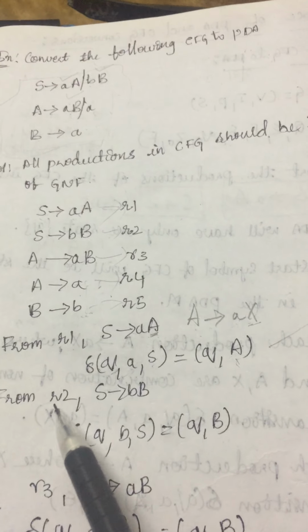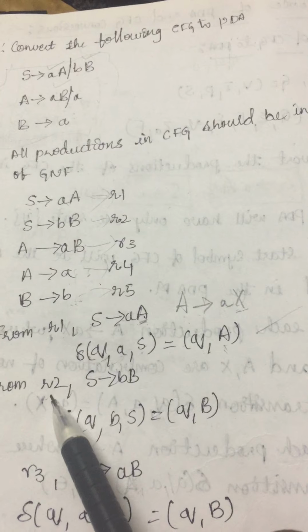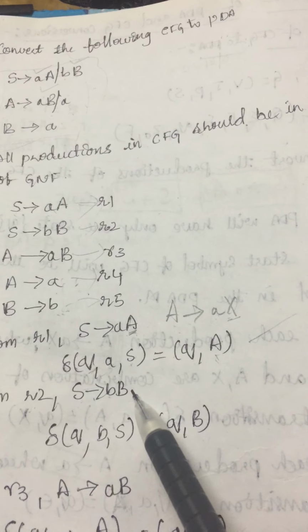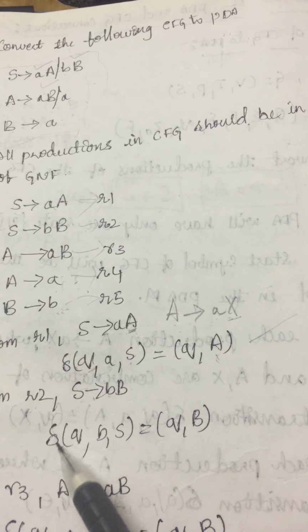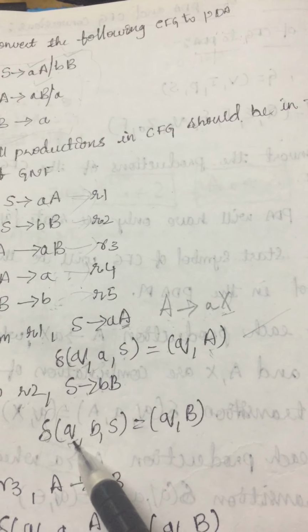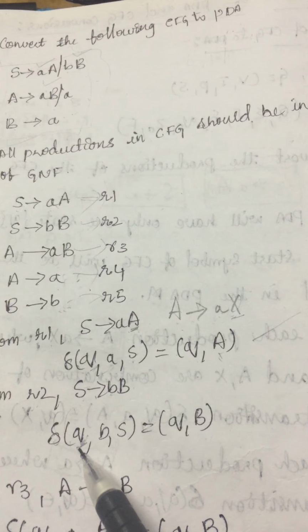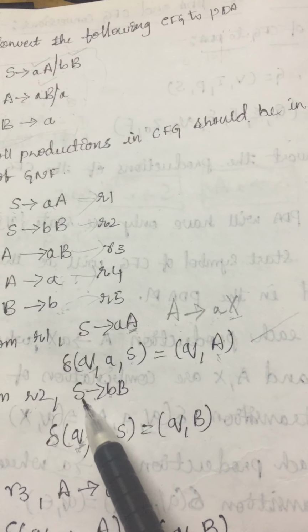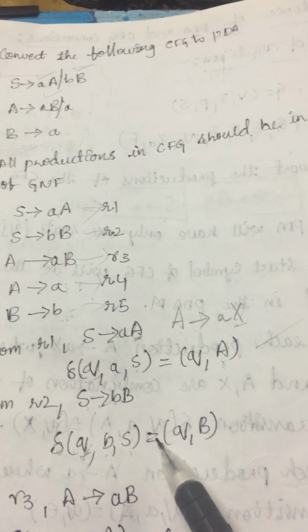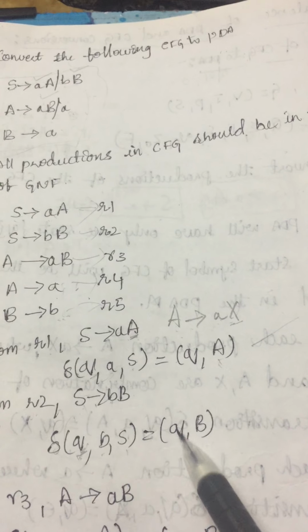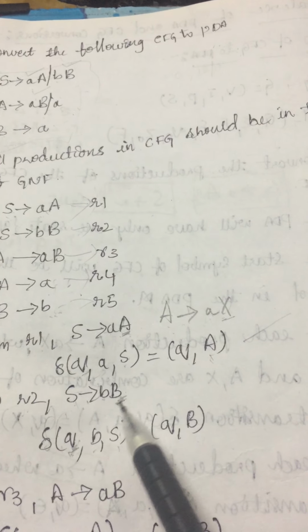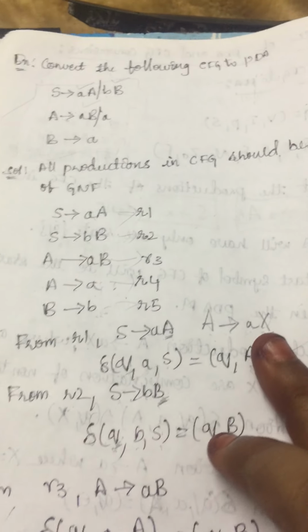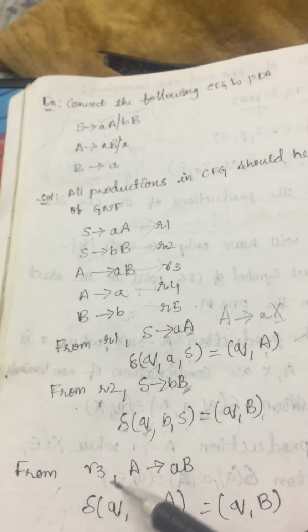Similarly, let us write for the second one, R2. S produces small b capital B. So for this, delta of the only state Q, small b, and the non-terminal on the LHS of the production S is equal to Q comma, what is present in place of capital X? That is capital B. Similarly, let us see for R3.